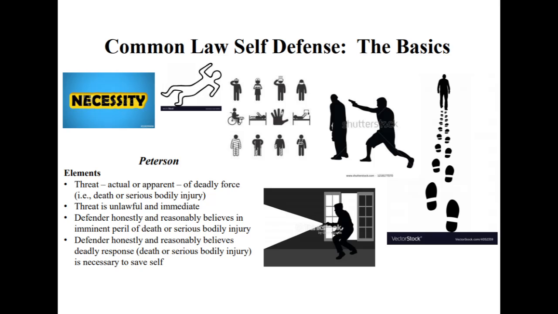Second, the threat to the defender must be both unlawful and immediate. Third, the defender must have honestly, meaning in good faith, and reasonably believed he was in imminent peril of death or serious bodily harm. And fourth, the defender must honestly and reasonably believe deadly force was necessary to save himself.